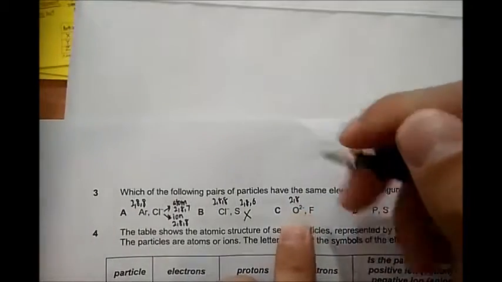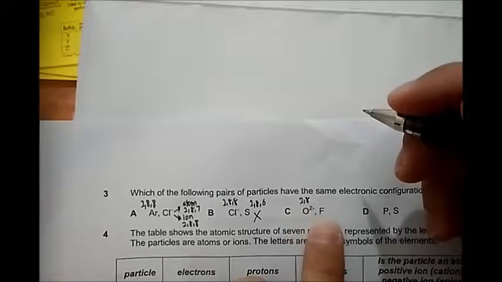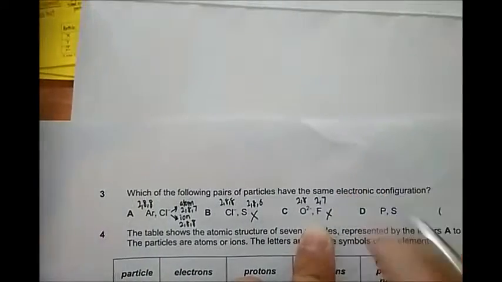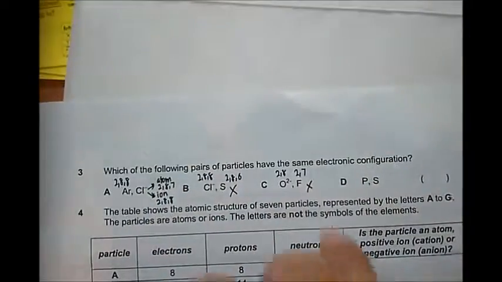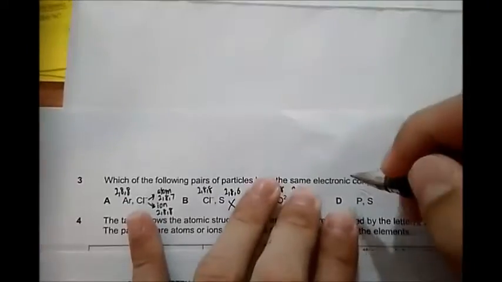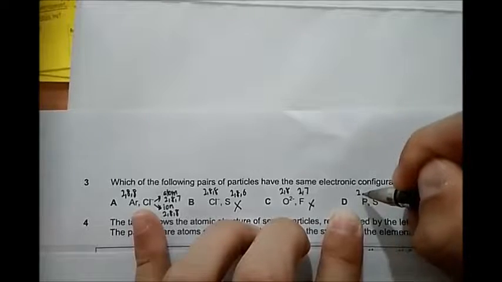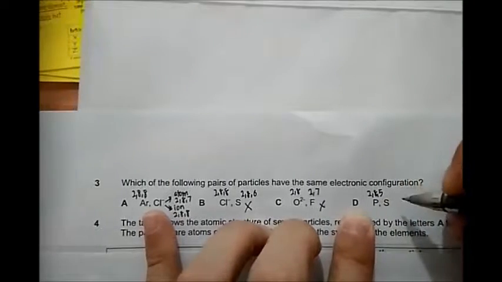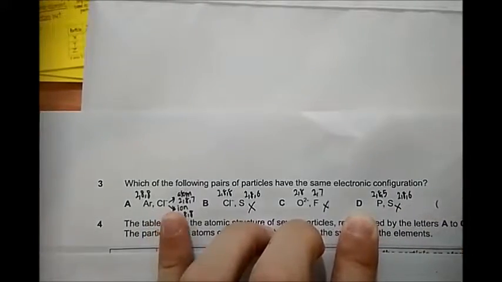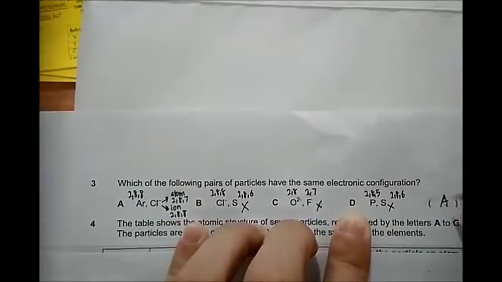This is the electronic configuration for the oxygen ion. F is 2, 7, so the electronic configuration is different. P and S: phosphorus is 15, sulfur is 16. The phosphorus atom is 2, 8, 5 and sulfur is 2, 8, 6. Again, both are different. So the answer for this question is A.